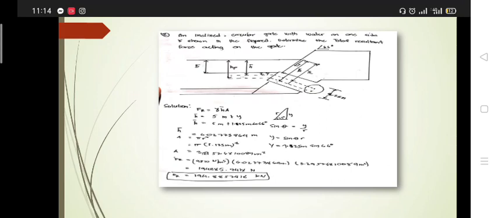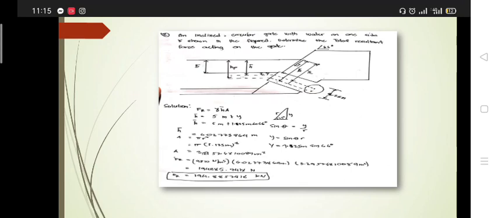Then substitute 9810 Newton per cubic meter times 6.02773864 meter times 3.295768100089 meter squared is equal to 194,885.7418 Newton.